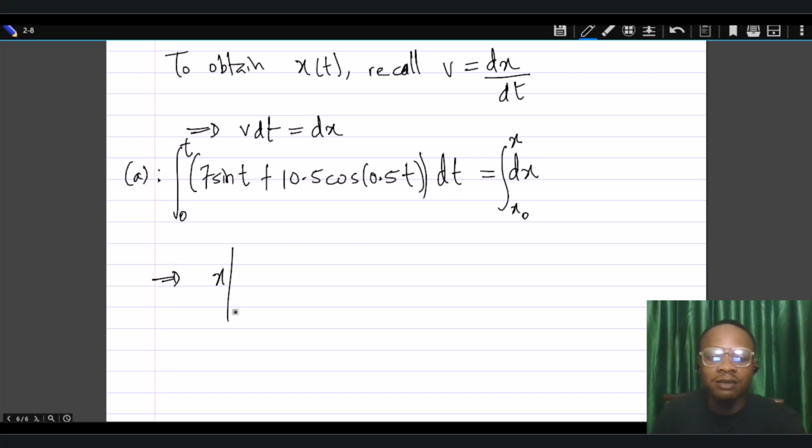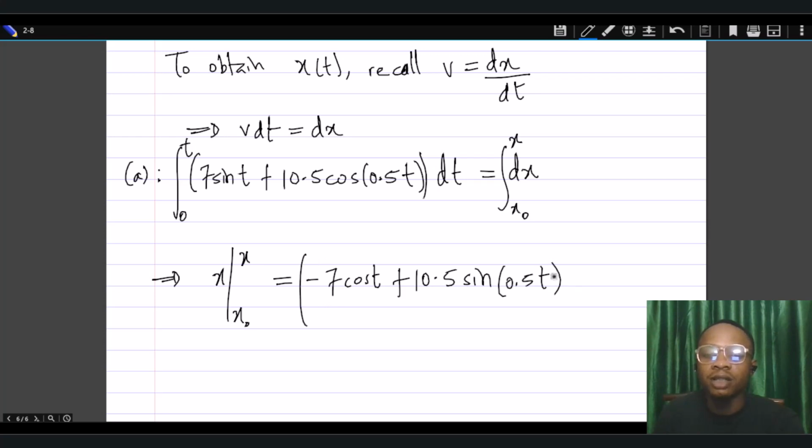So we take this from x naught to x, and this is equal to, when we integrate 7 sine t, that gives us minus 7 cos t, and when we integrate this cos, that will give us sine, so this is going to be plus 10.5 sine 0.5 t, and then we can close this bracket and evaluate this from 0 to t.